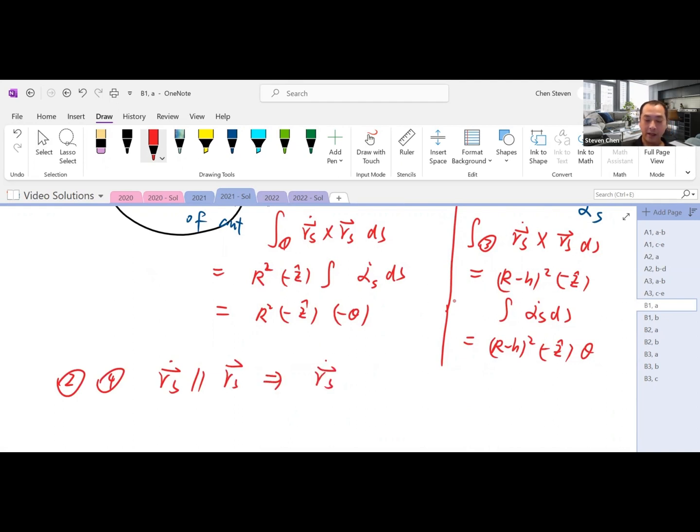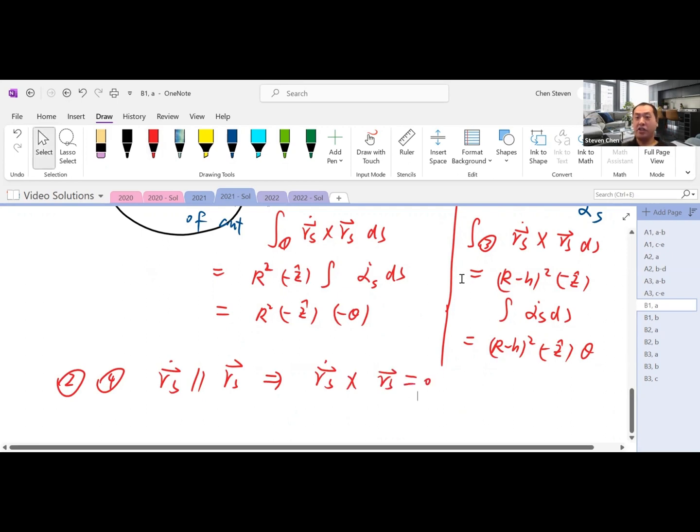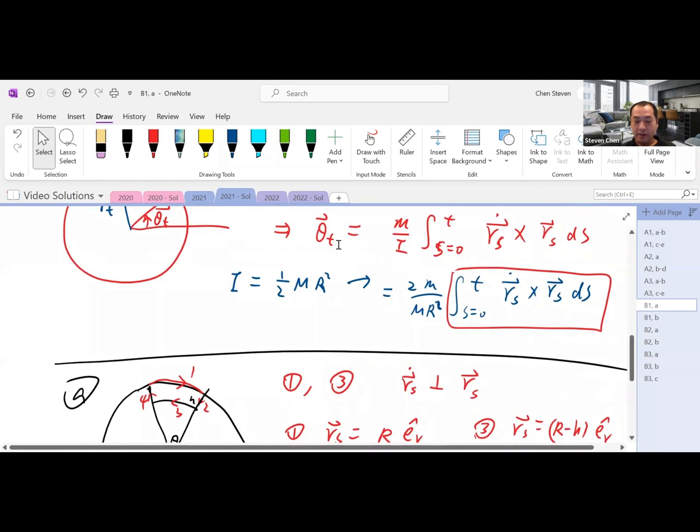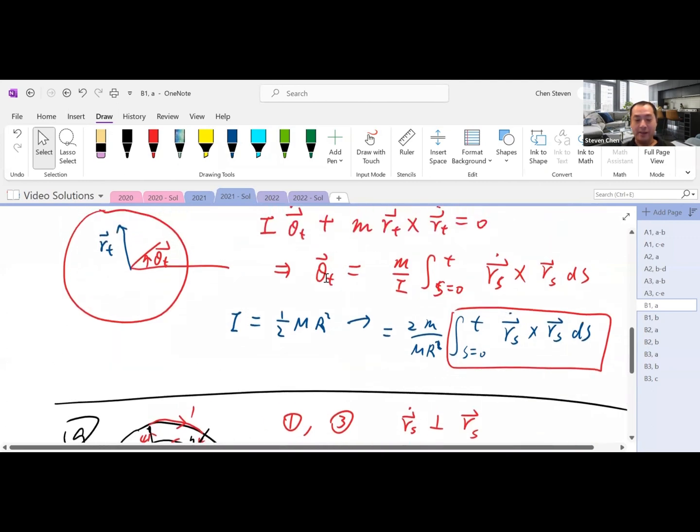Therefore, it implies that their cross product is 0. So you take the integral, it's just 0. It's fairly simple, right? Okay. By putting everything together, we get a result for the total angular displacement for the disk, theta. Okay.